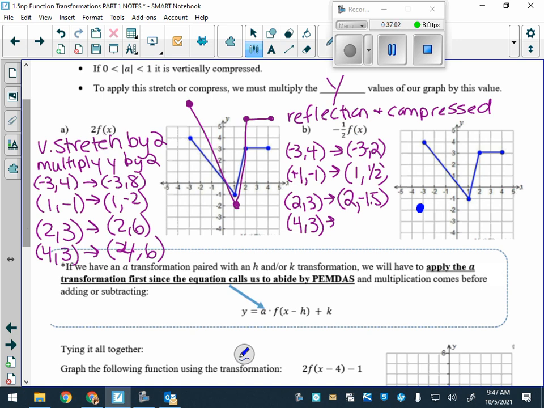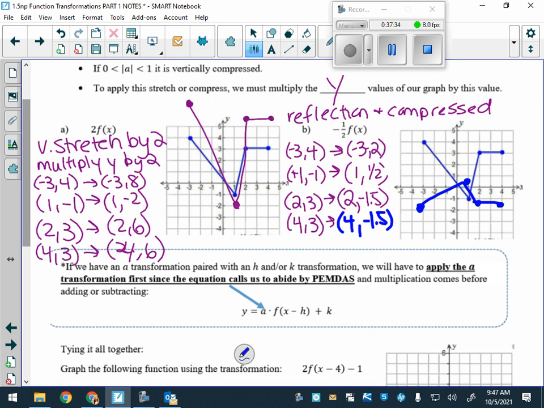I was wondering why it looked so weird. 2, -1. And then we have 4, -1.5. So just be careful of your signs there. If you notice, it is compressed. It got very tiny, actually, as opposed to the purple in the other graph where it's stretched out.